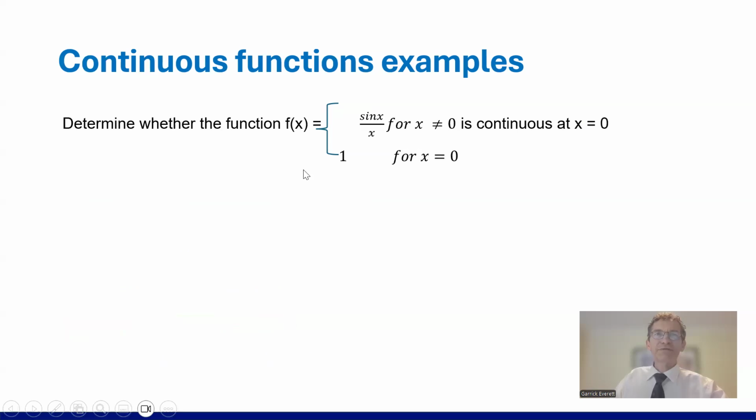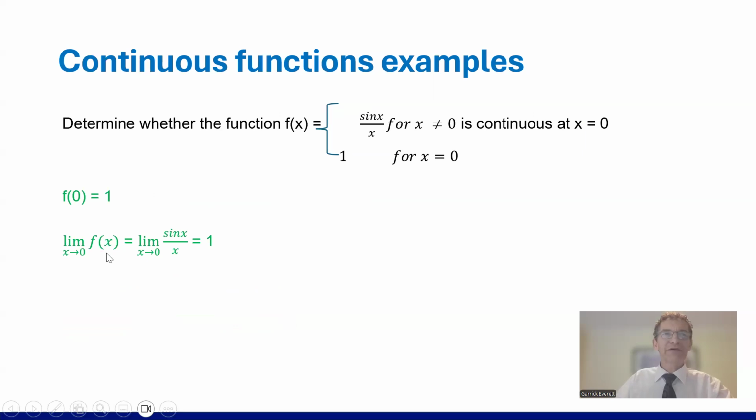Okay, another one. Determine whether the function f(x) equals sin x over x for x not equal to 0, and 1 for x equals 0, is continuous at x equals 0. So again, let's put in 0 and f(0) is 1. Well, that's helpful.